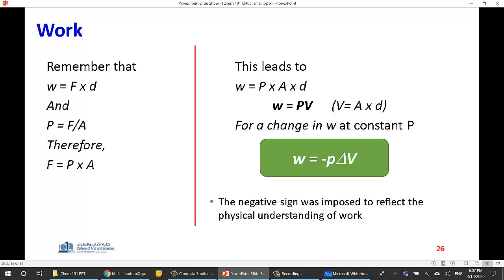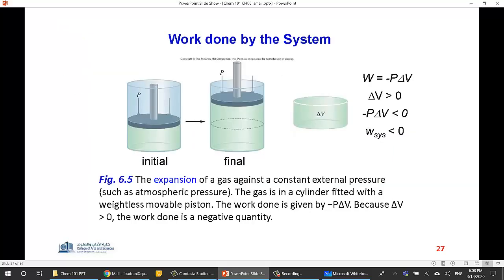There are different types of work in thermodynamics, but the one we are dealing with in Chemistry 101 here is work at constant pressure, where the pressure does not change, and the work will in that case equal minus P delta V. Now imagine first that we are dealing with work done by the system.